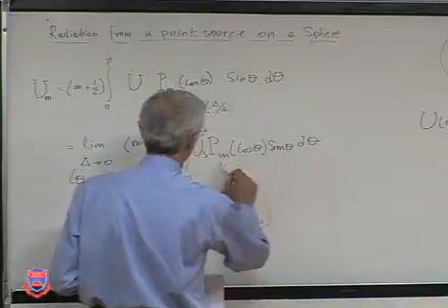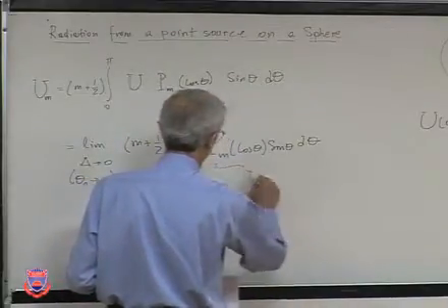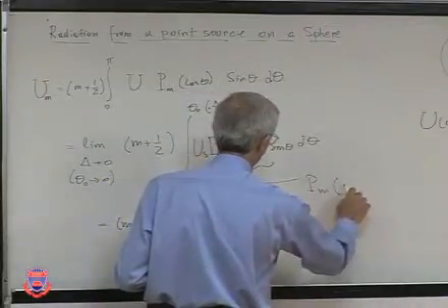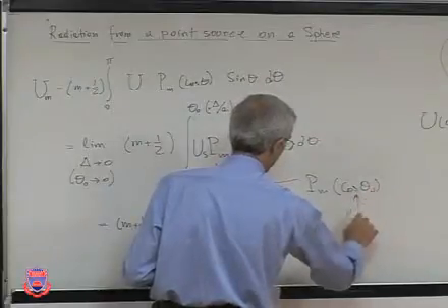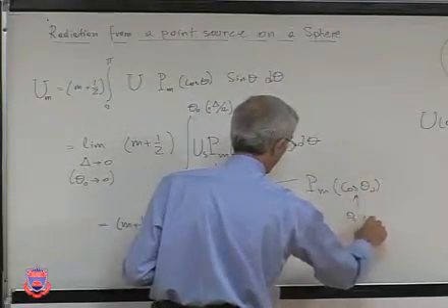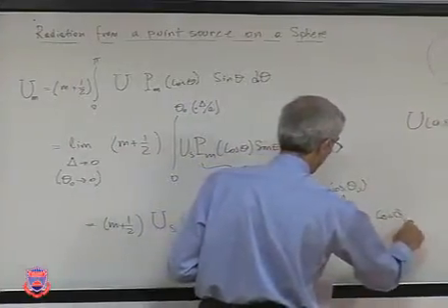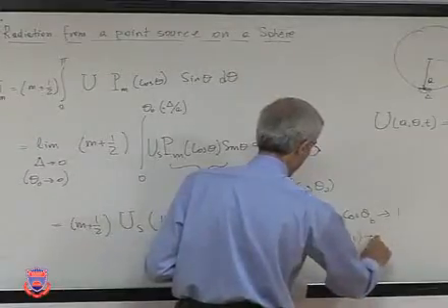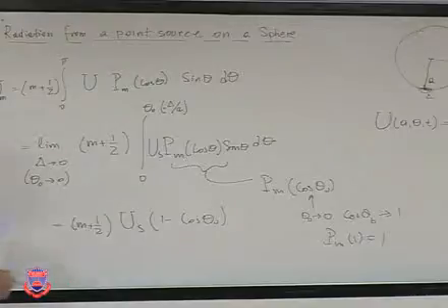Okay, one thing you need to remember is when Pm of cosine theta 0, and theta 0 goes to 0, cosine theta 0 goes to 1, and Pm of 1 is 1. That's how the evaluation of this comes out.